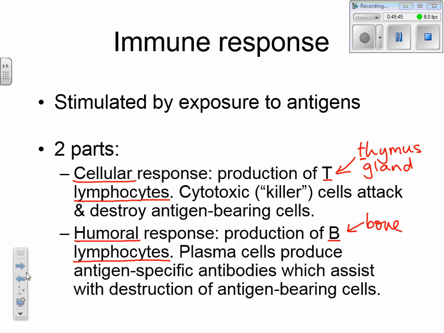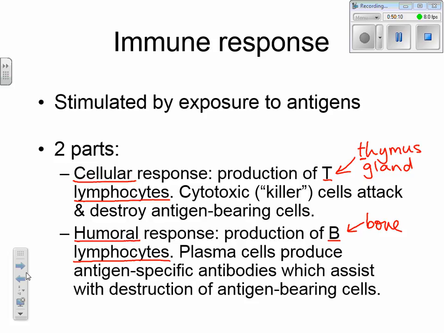So the original stimulus primes the cells to produce the right sort of plasma cells. The plasma cells then churn out the antibodies that are specific to the antigen. So you might only need to produce one lymphocyte. That might then produce a clone of 100 plasma cells, and then they churn out millions of molecules of antibody.